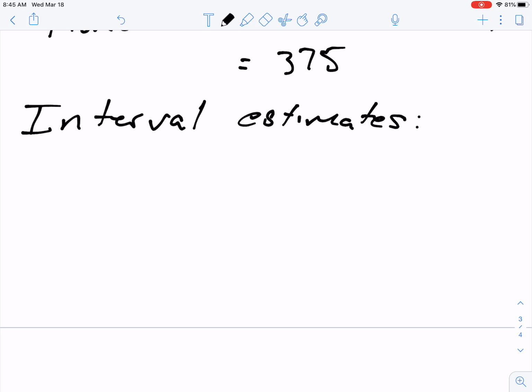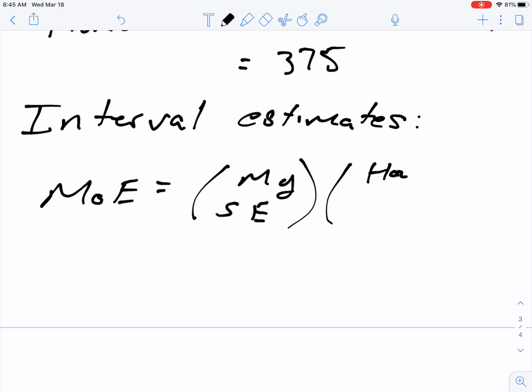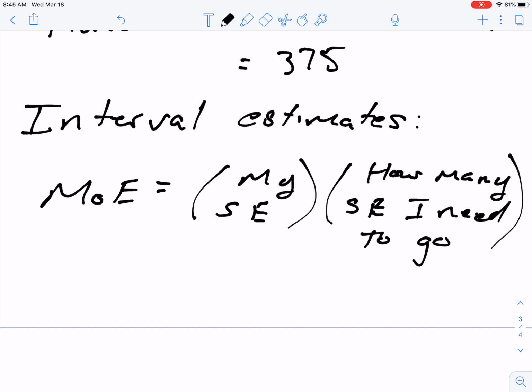And so let's recall that the margin of error, we have this general formula that we've gone over many times in class, is equal to my standard error times how many SE I need to go. So this will be now a standard error for a y hat value.